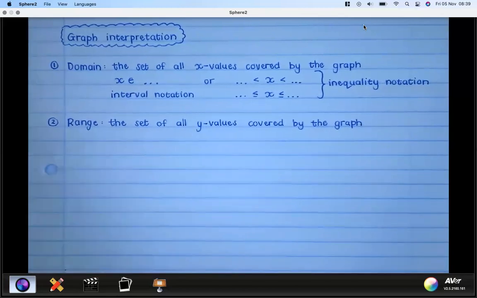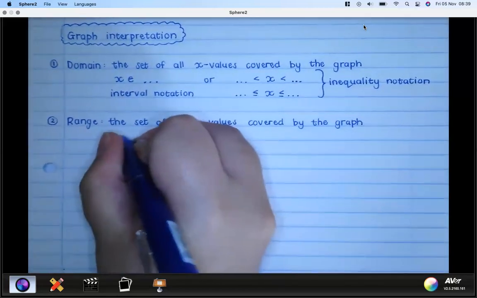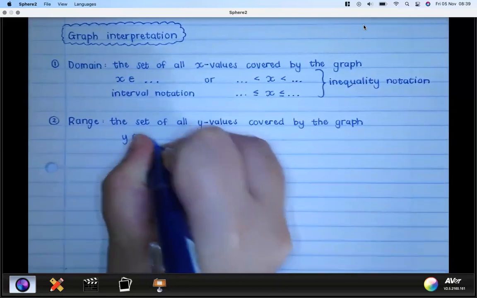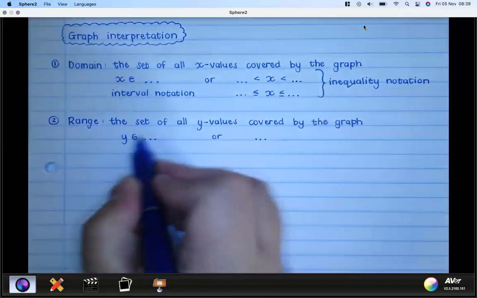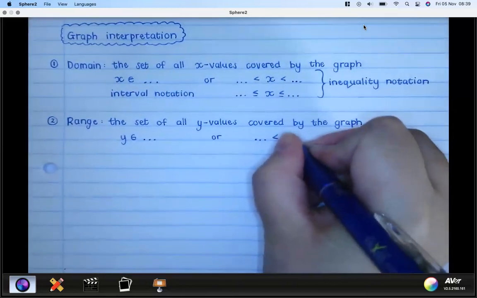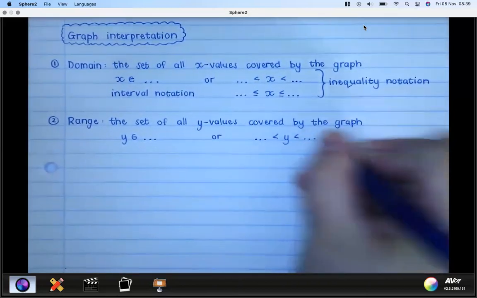Okay, so in the same way, you can write your answer in interval notation or in inequality notation.